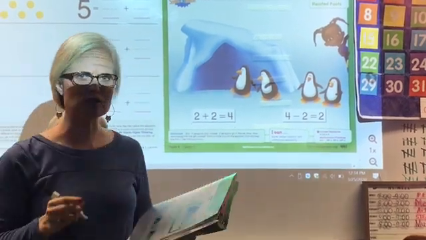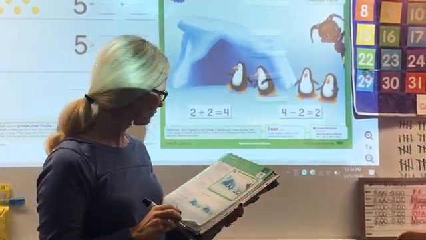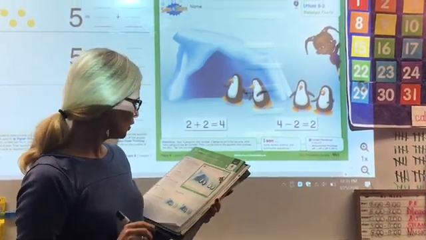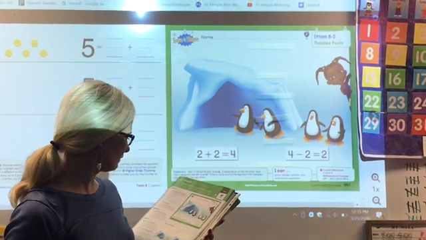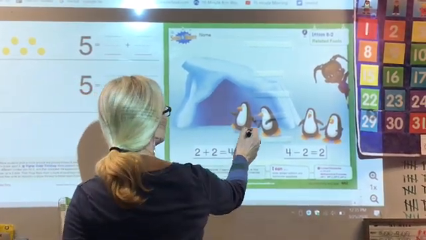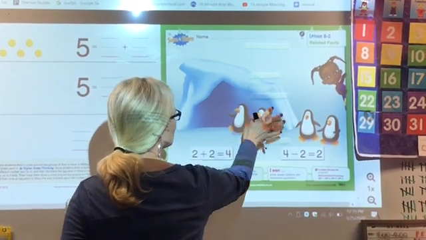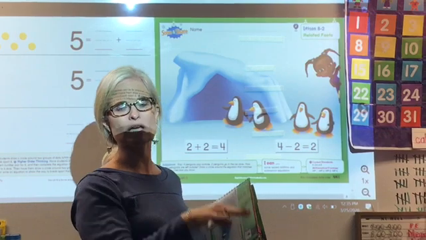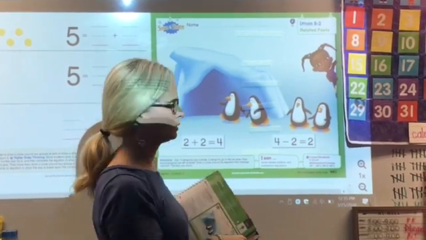How do we know which one it is? Let's go back and read it again. It says 4 penguins play outside. 2 penguins go inside the ice cave. How many penguins are left outside? Well, if these 2 go inside and we cover those up, how many are left out? 2. So we know we end with 2.